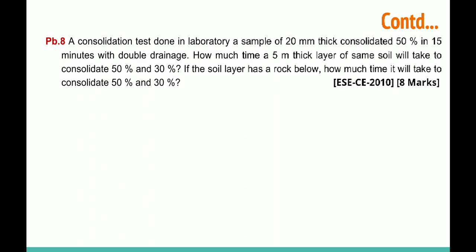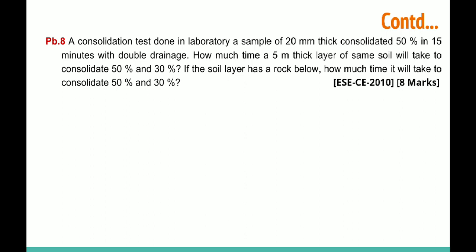Next, how much time, now he is talking about the field. For a 5 meter thick layer of the same soil, we can apply the coefficient of consolidation calculated in the laboratory to the field also, to consolidate 50% and 30%. In the first part we have to calculate the time required for 50% and 30% consolidation for a two-way drainage system.